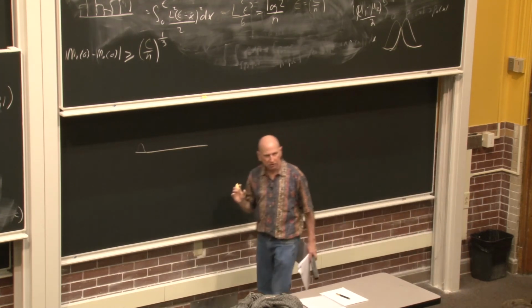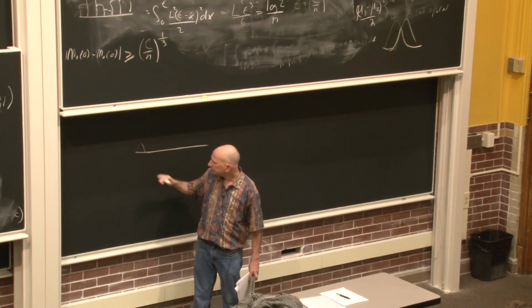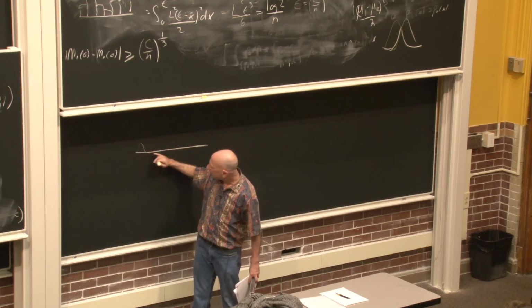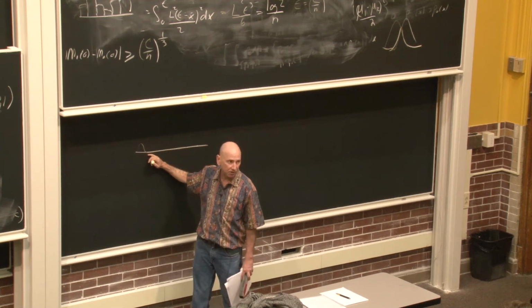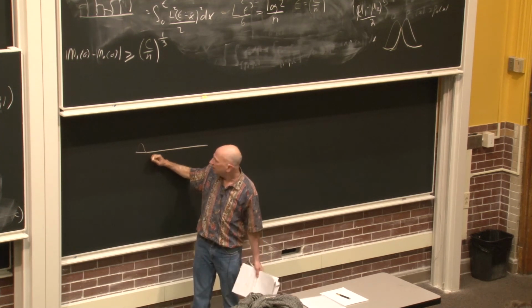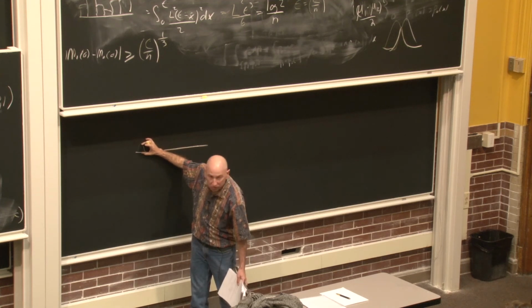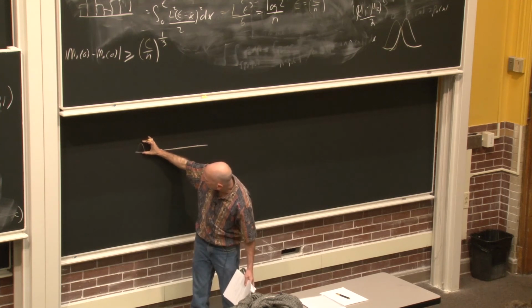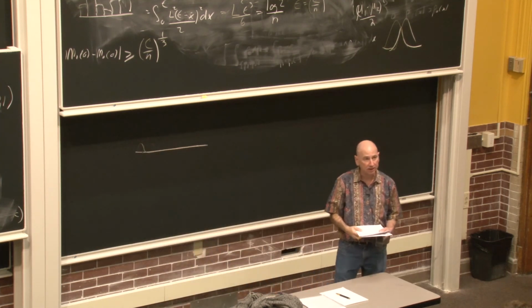This is where you use the smoothness class. Because I'm allowing smoother functions, I can make a little bump. I have to just check that it satisfies that it's twice differentiable or 3 times or whatever condition you're making. And you do the same trick. You have to make it as close as possible, make it 0 everywhere else, compute the KL distance. That will tell you how big you can grow this, and that will give you the rate. It's essentially the same calculation.